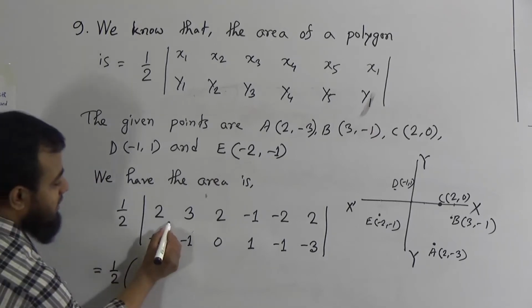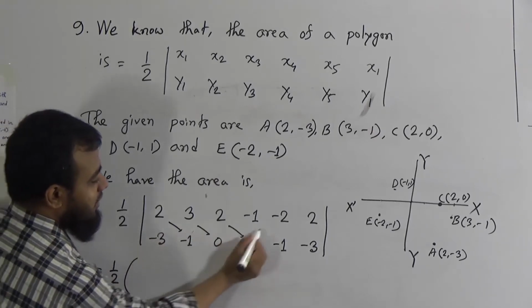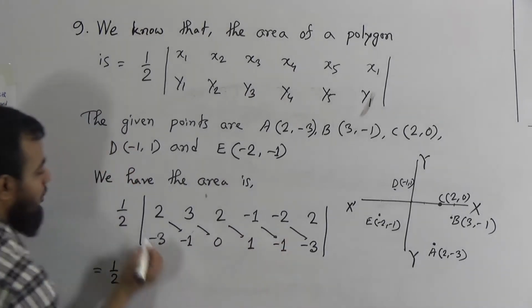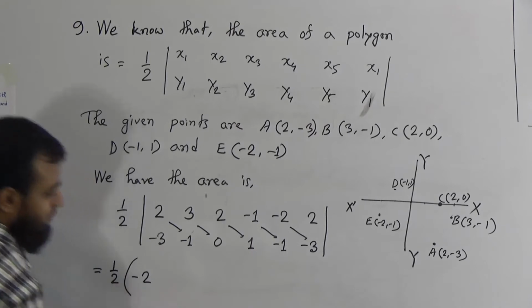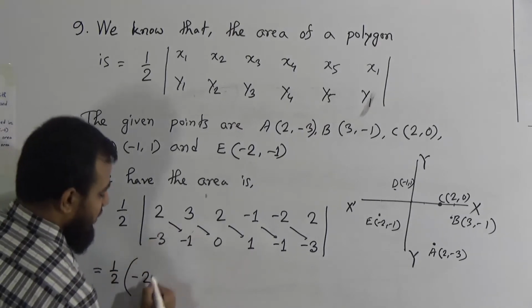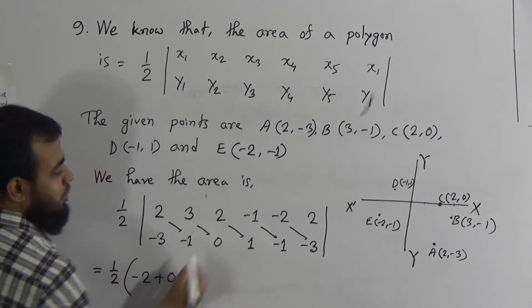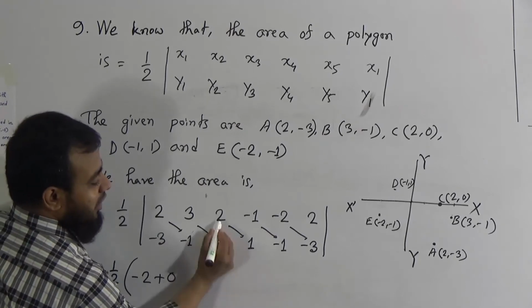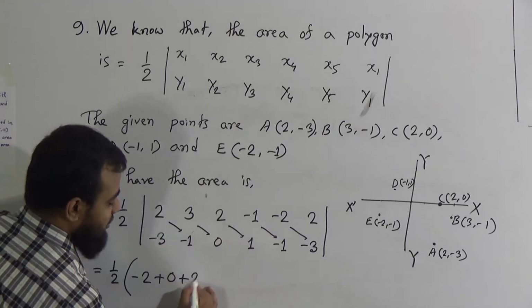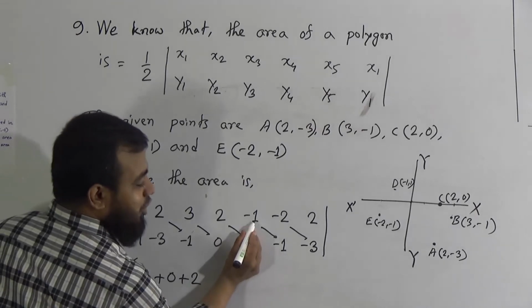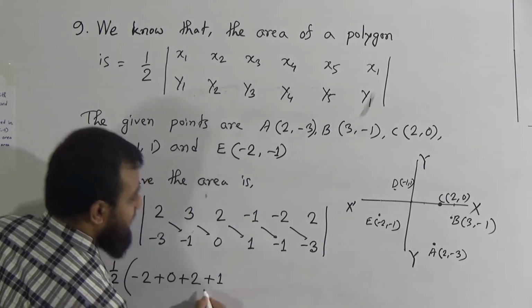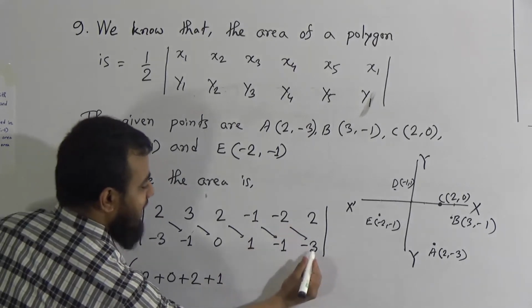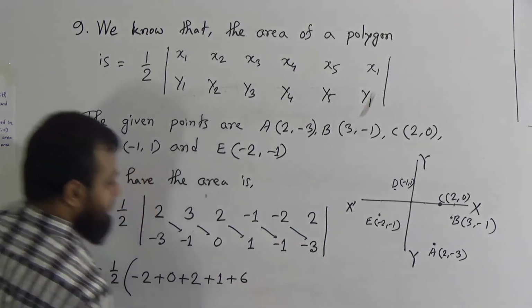Now these are positive signs, everyone. 2 multiplied by -1 is -2. Now 3 with 0 is plus 0. 2 with 1 is plus 2. Now 1 with -1 with -1, we will get 1 here. Now -2 with -3 will be plus 6.